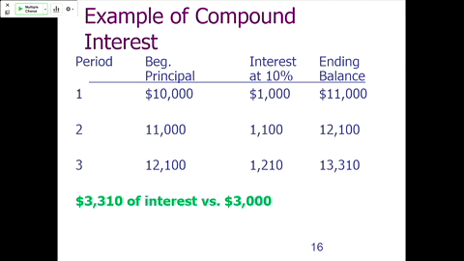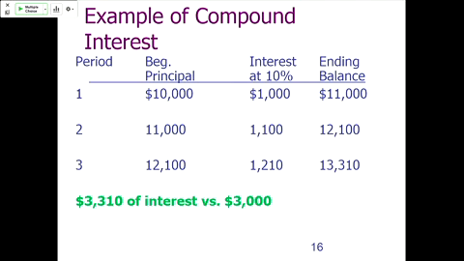Next year's interest will be greater than $1,000 because my balance is more than $10,000 now. So my balance in year 2 is $11,000. Again, at 10%, I just earned an extra $100. So now the ending balance is $12,100. So I've earned an extra $100 just by compounding.